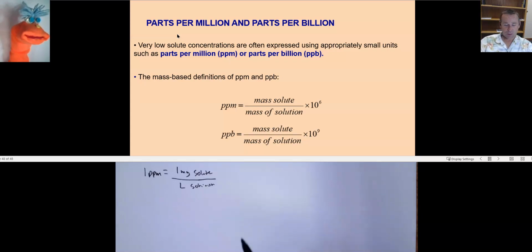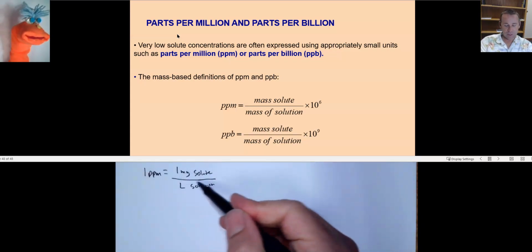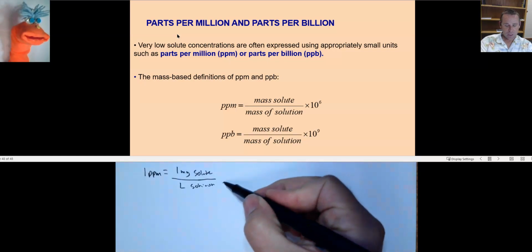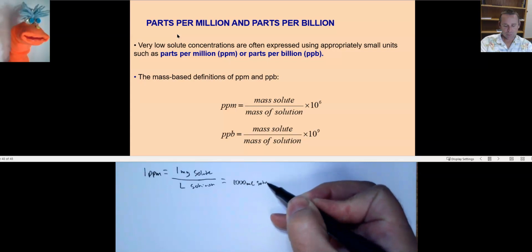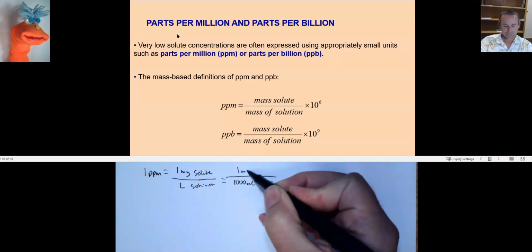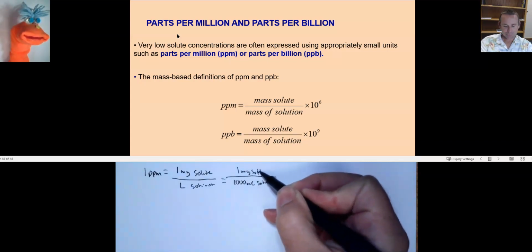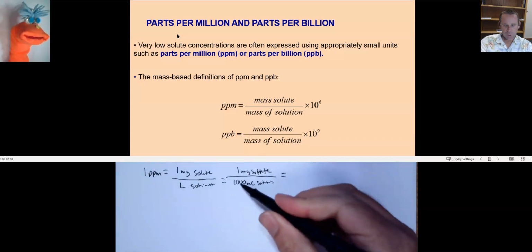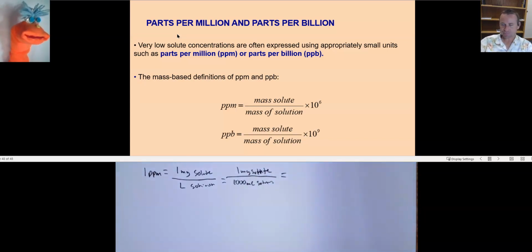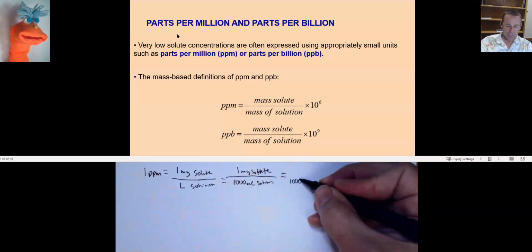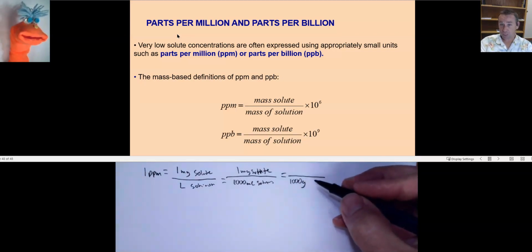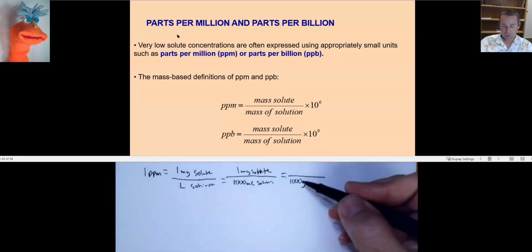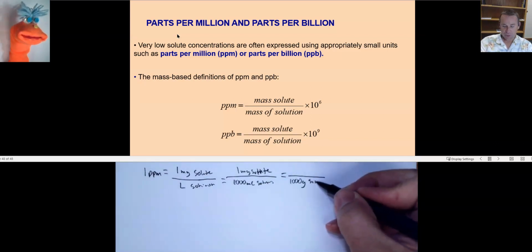Now, the reason that works is because a liter of solution is equal to 1,000 milliliters of solution. And 1,000 milliliters of solution, if this is an aqueous solution, is going to be 1,000 grams, because the density of aqueous solutions is generally going to be 1 gram per milliliter. So for 1,000 milliliters, you have 1,000 grams of solution.